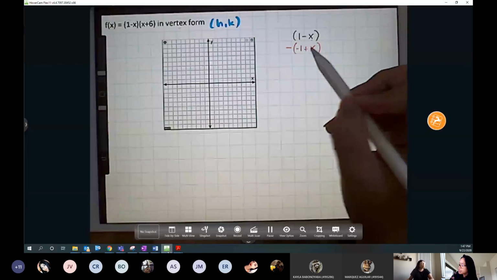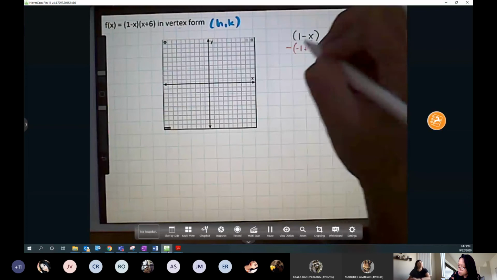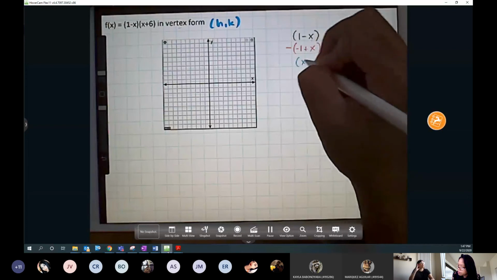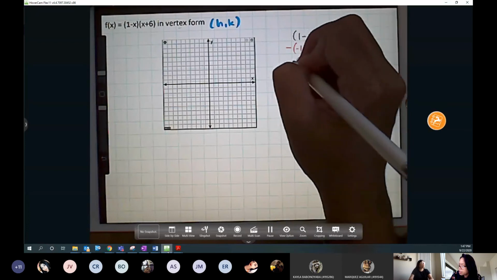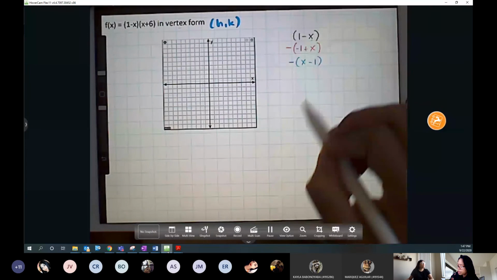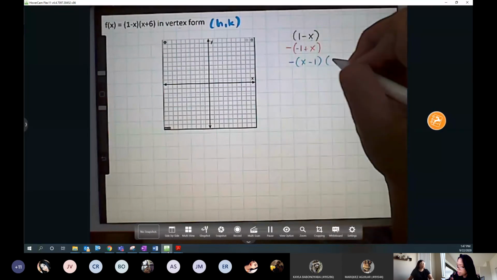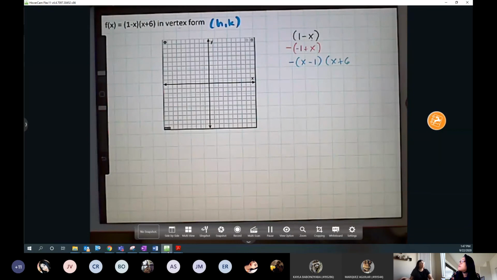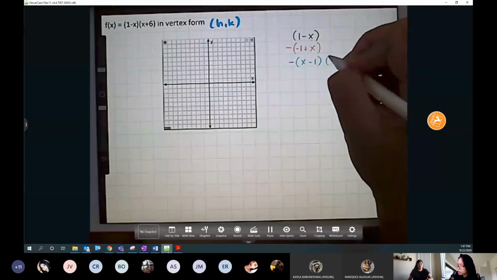Now, once our x is positive, then we can already switch them. X first, and then negative 1 after. And then don't forget that you have a negative. So now we have put the negative side on the a. Then we can already copy the x plus 6, which you're going to be doing.